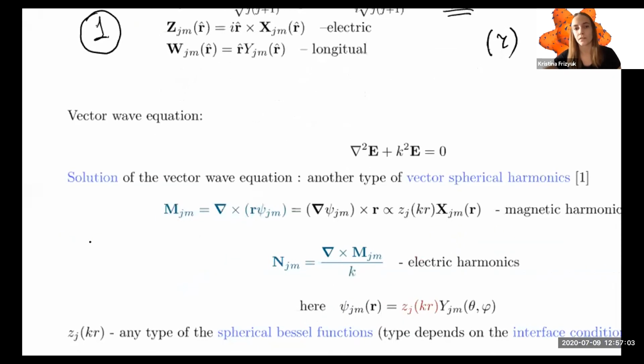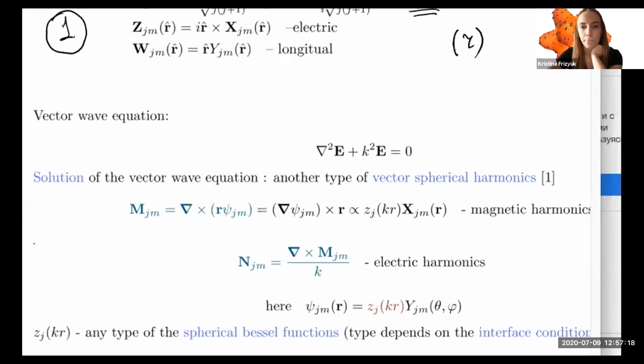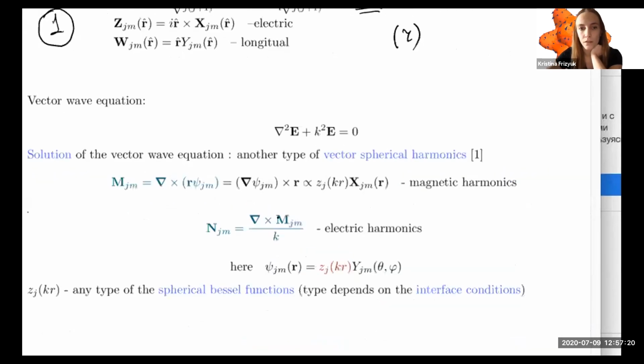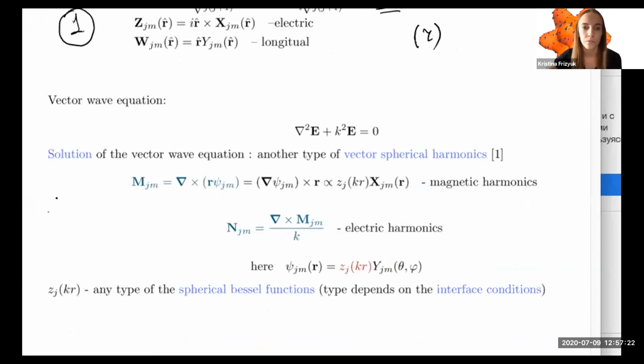And the second type of vector spherical functions is exactly what you can see in Mie theory, and Andrei talked about them. These are solutions of the vector wave equation.